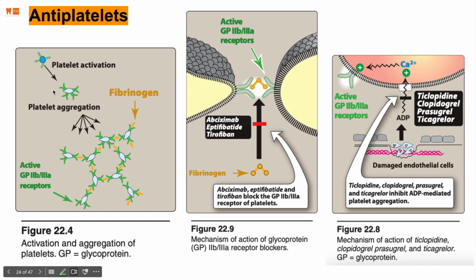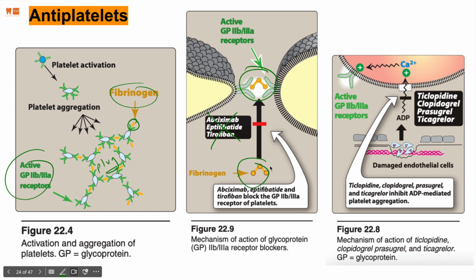So this is the diagrammatic format. This is the activation and aggregation of platelets. Platelet activation, then platelet aggregation. Receptors form a fibrinogen bridge with one another, and now we have a plug. Activated glycoprotein receptors are blocked by abciximab.